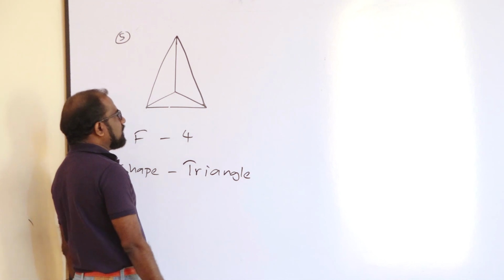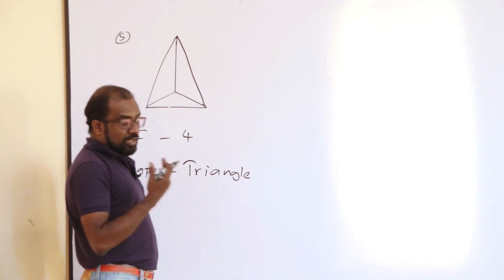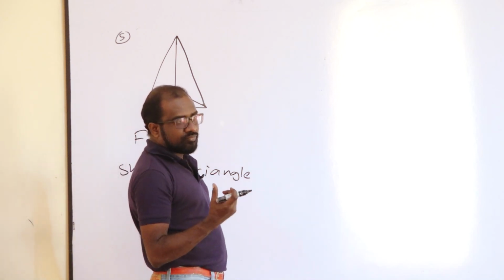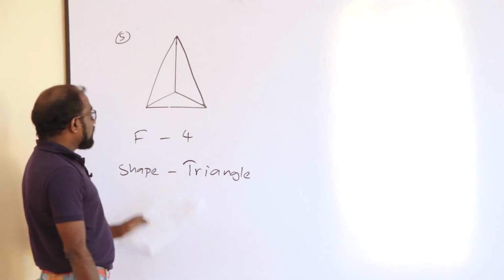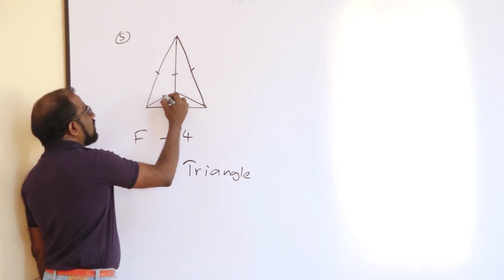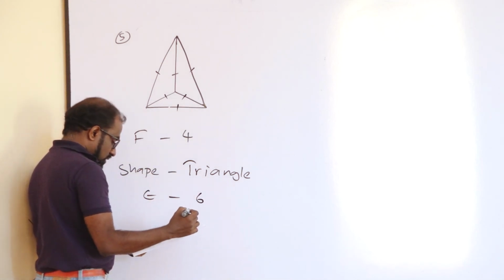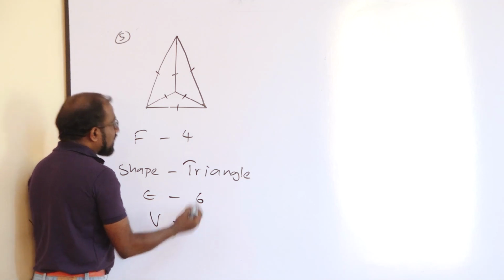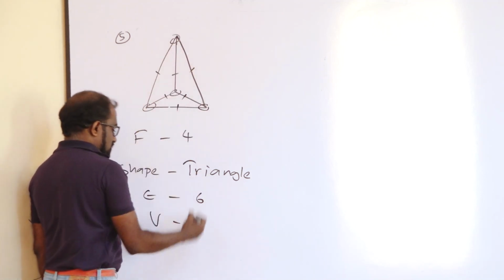The correct term should be equilateral triangle, but it doesn't matter because we learn about equilateral triangles in grade 7. The number of edges: 1, 2, 3, 4, 5, 6. Number of edges is 6. The number of vertices is 4.